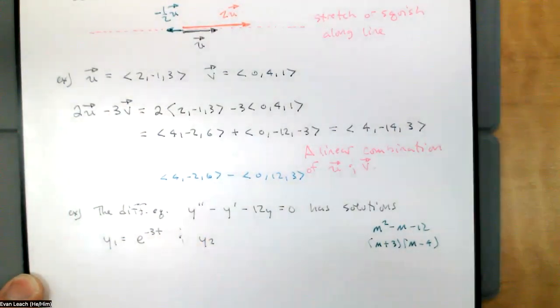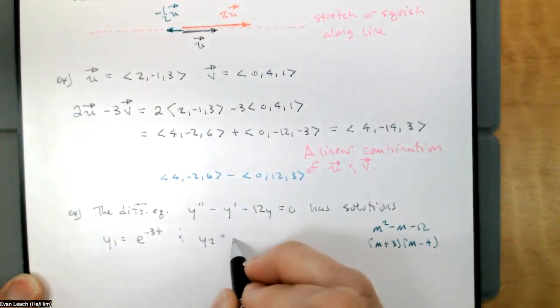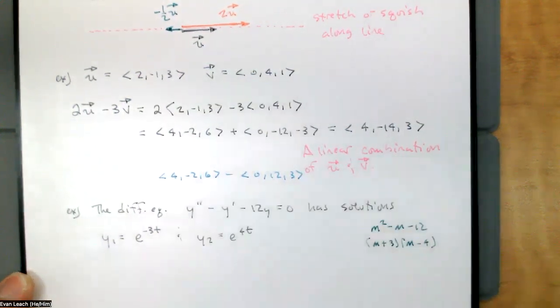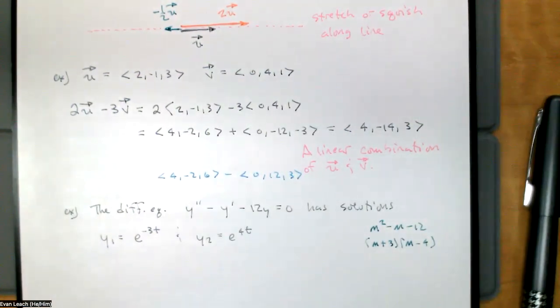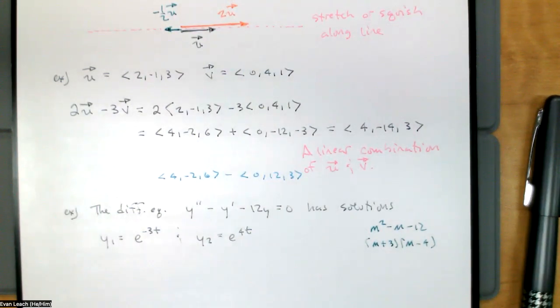Now, if you haven't been through differential equations, that's okay. The point is I have these two different solutions to this differential equation. That means if I take the first derivative and second derivative and combine them in this way, I will end up with 0 for these two different functions.